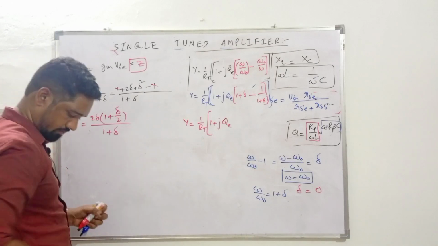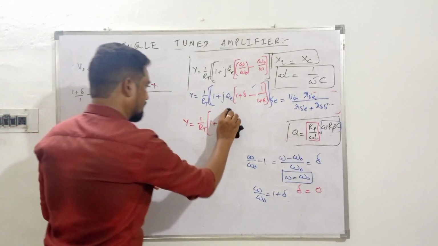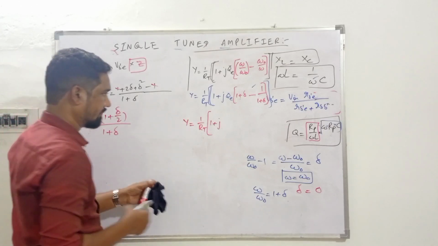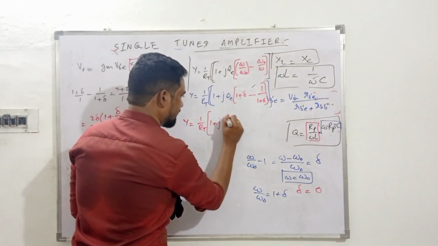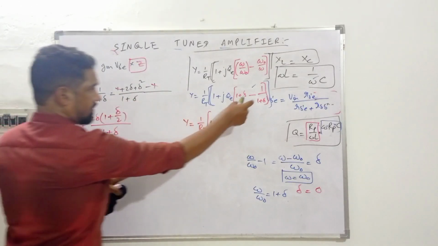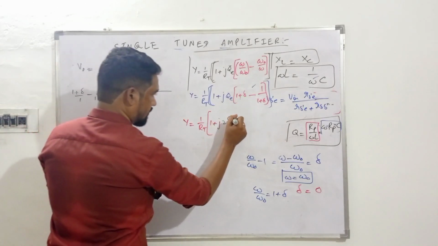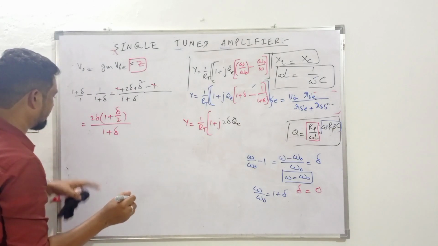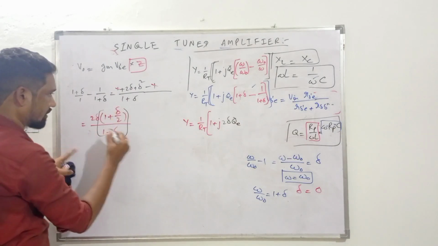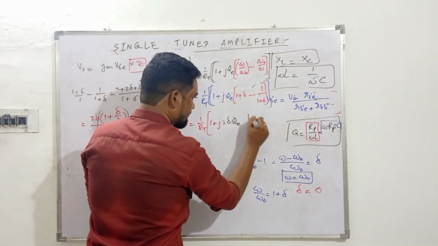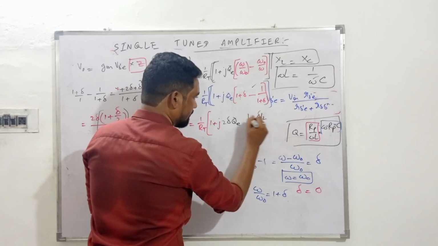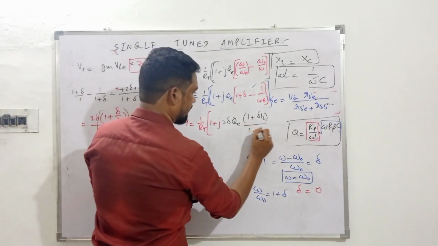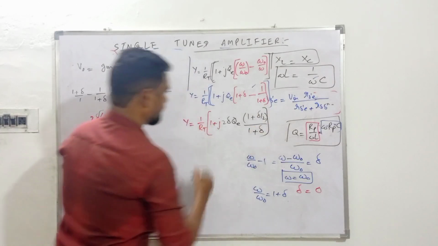So guys, writing more precisely, this one, 2 del, we have 2 del from this simplification, into Q effective, okay, and we have this one, so 1 plus del by 2 upon 1 plus del, okay.